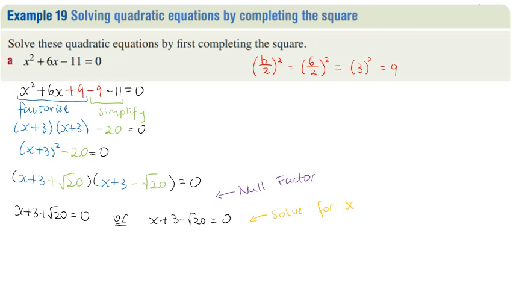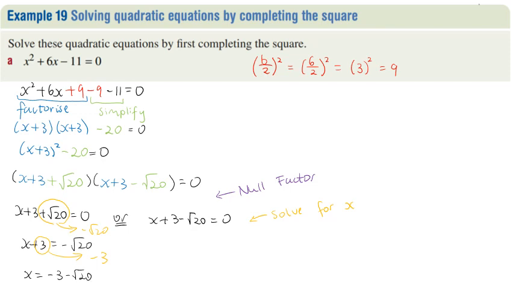So with this first one here, the opposite of plus the square root of 20 is minus the square root of 20. So x plus 3 equals minus square root 20. And then next step with the inverse operations is minus 3. So I've got x equals negative 3 minus the square root of 20.